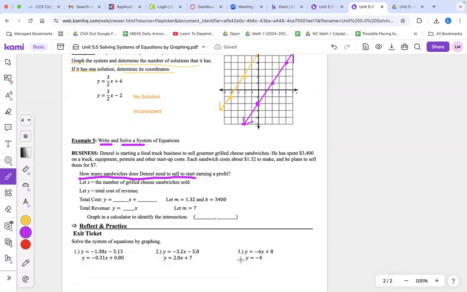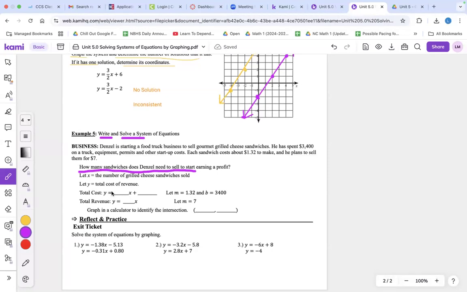All right, so let's see how to write this. They've already given us the information. Our total cost, it says Y equals our slope. It's 1.32 for the first one. Why? Because this is our total cost. How much are we spending? Here we are spending $1.32 for each sandwich, and X represents our sandwiches, plus $3,400.